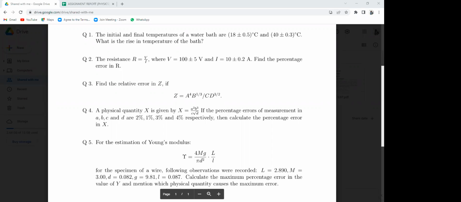And in the fourth part, you already have the values. So you can put 2, 1, 3, 4 wherever needed. And in the fifth one, formula is there. You have all the values and you have to calculate the maximum percentage error in y and mention which physical quantity causes the maximum error. So at least you should be able to calculate the percentage error.